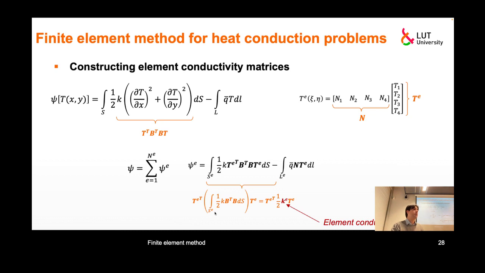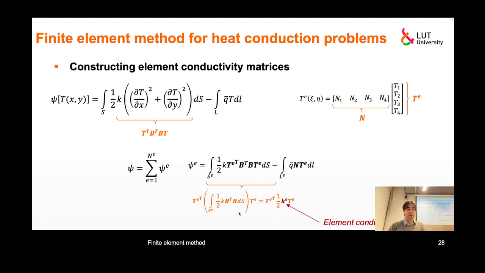So it's not a problem to use this approach if we have non-homogeneous material. Nothing changes at all, just the values of this conductivity that I substitute calculating these integrals.